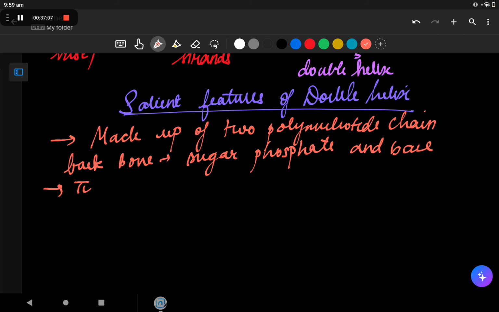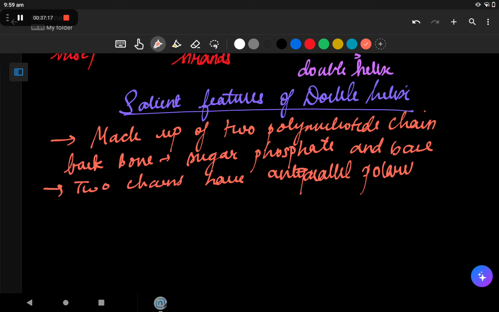Two chains have anti-parallel polarity. If one has a polarity like this, the other will have the polarity like this. Got it?